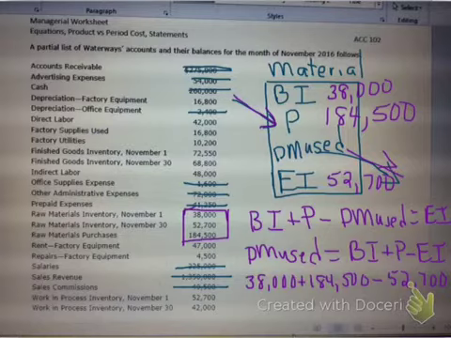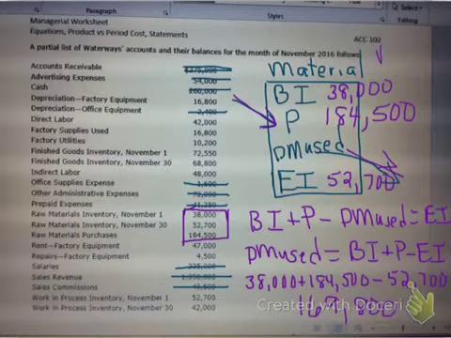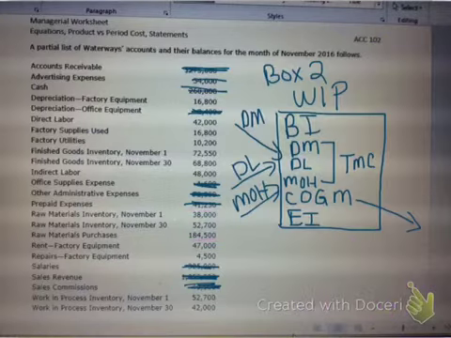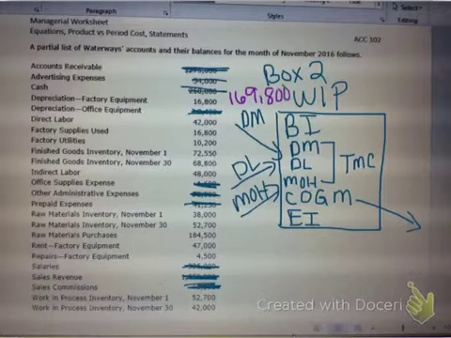When I do the math, I end up with direct materials used being 169,800. Now this amount is going to be leaving box 1, and it is going to move over to box 2 as coming in. So I'm going to actually write this up here for box 2.